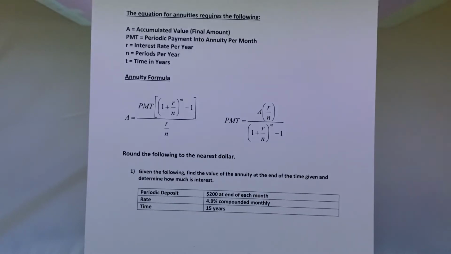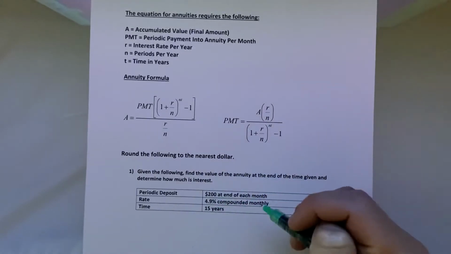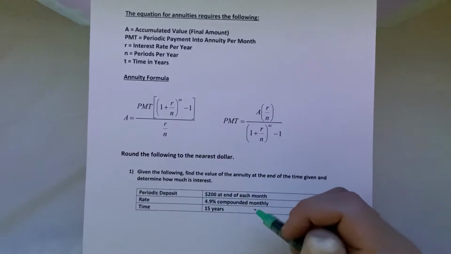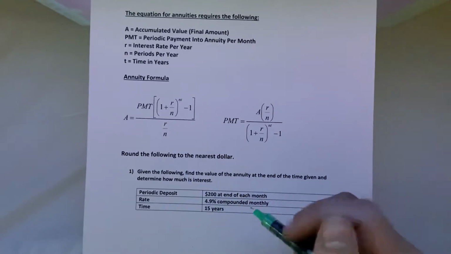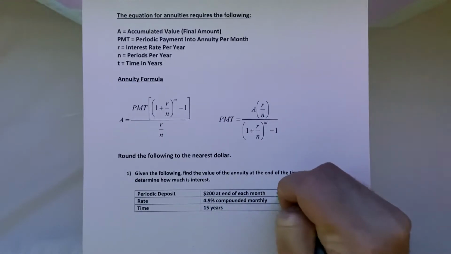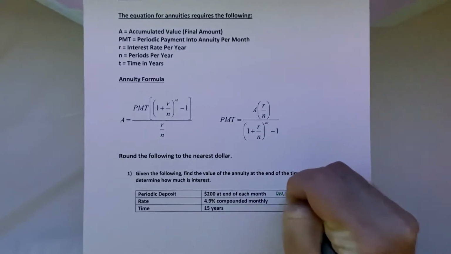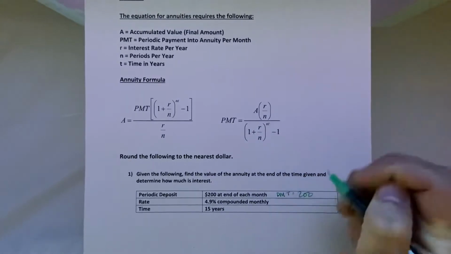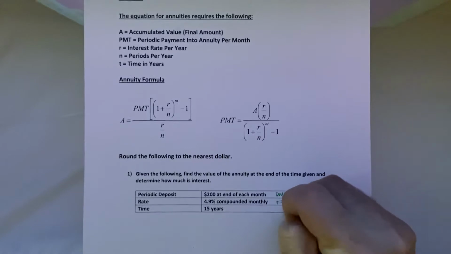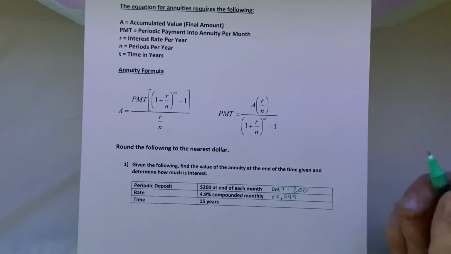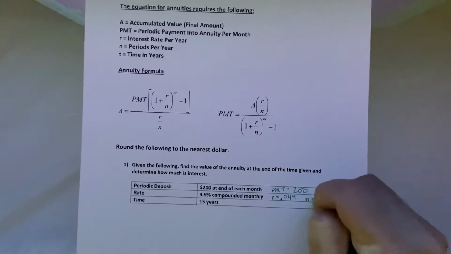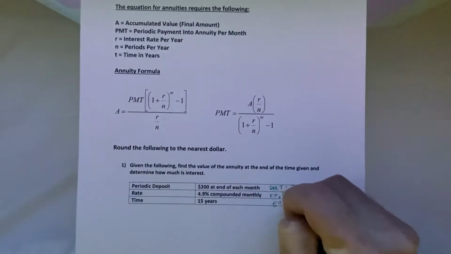So we've got the periodic deposit, $200 at the end of the month, rate 4.9% compounded monthly, time 15 years. So our payment is 200. Our rate is 0.049. And our N is 12 and T is 15.